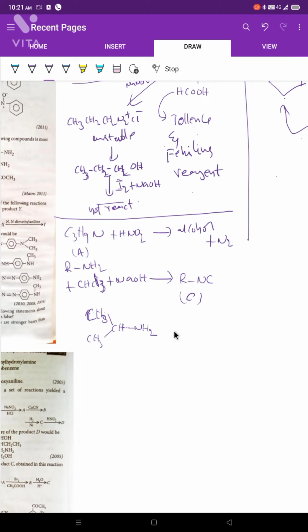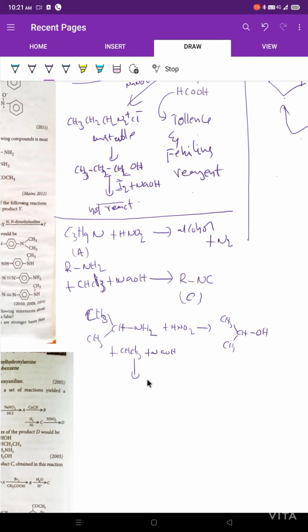On reaction with HNO2 you can get CH3 CH3 OH. Next, what happens on reaction with chloroform and NaOH?